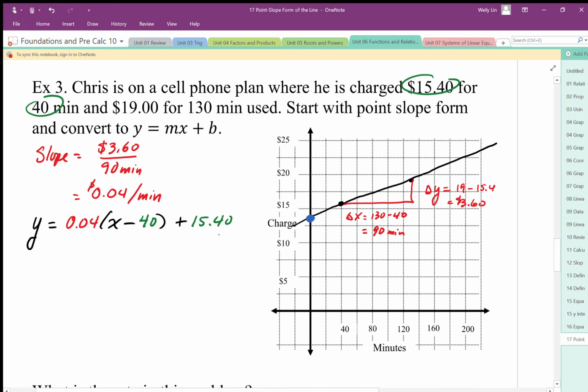So all I'm going to do to find my y-intercept is expand out the brackets and combine like terms. I still have my same slope. 40 times 0.04 is $1.60, so I get negative $1.60 plus $15.40.